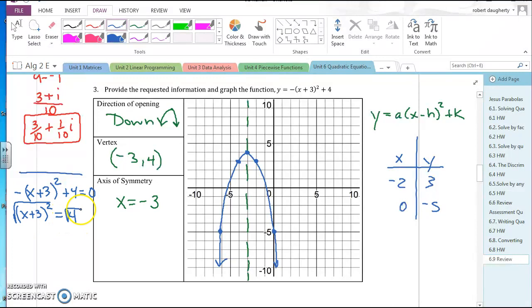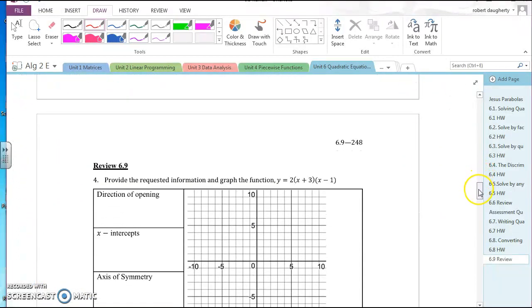Take the square root of both sides, you get x plus 3 equal plus or minus square root of 4. x plus 3 equal plus or minus 2. x equal -3 plus or minus 2. So that means x is going to be equal to -5 or -1. And if I'd done a little bit more accurate graph, I see -1 here and -5. Those would have been my x-intercepts. So that is the end of the first page.